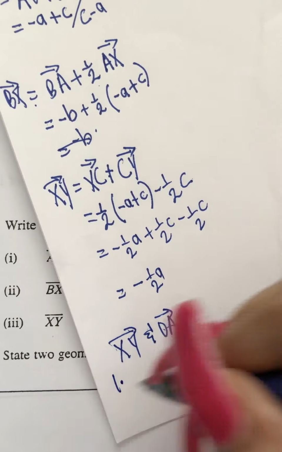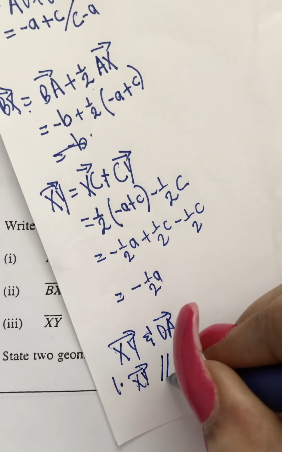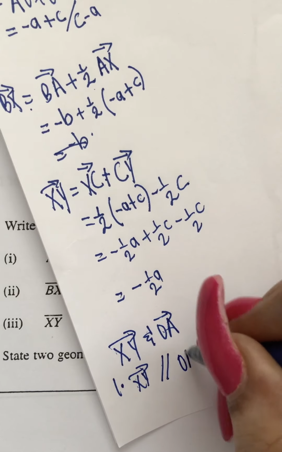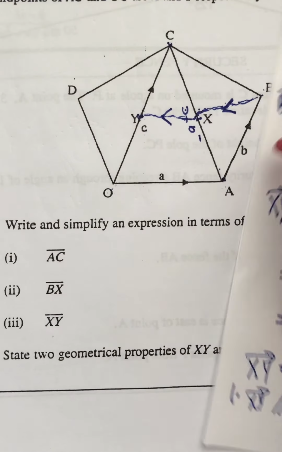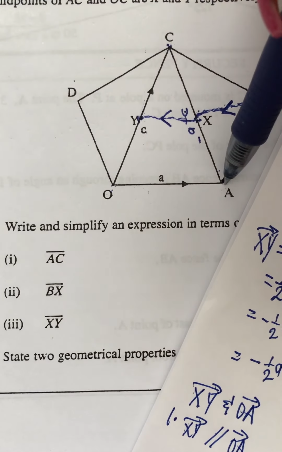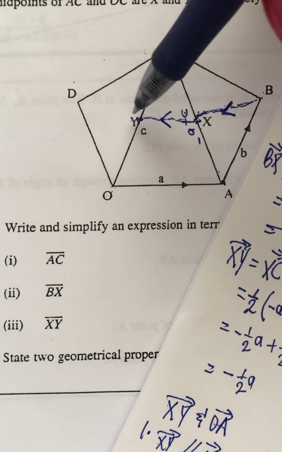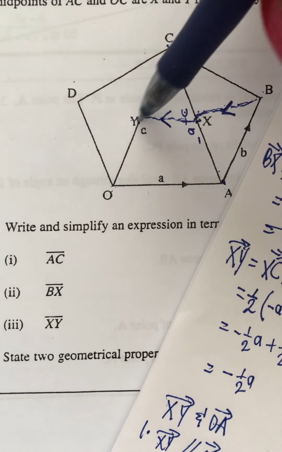Two geometrical properties. One, we can say that the vector XY is parallel to the vector OA. Look carefully. OA, XY, parallel. Alright? That's one of our reasons.